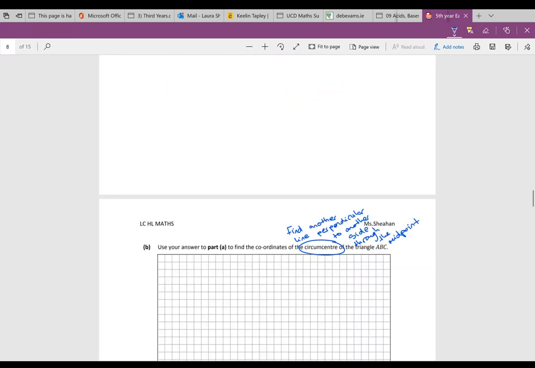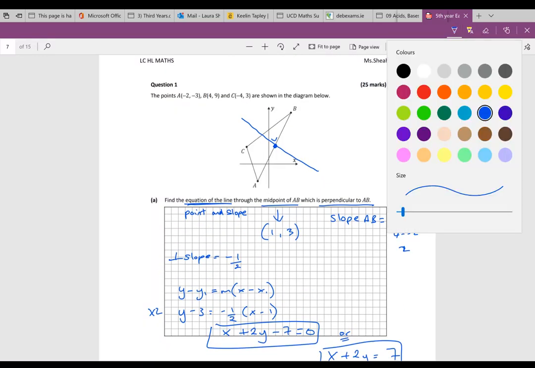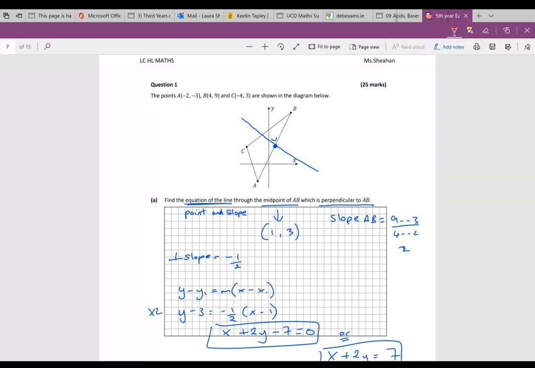The next one was looking for the circumcenter. So basically, if I go back here, the circumcenter is taking any other line. So I can take CA or I can take BC. So if I take AC, I'm getting the perpendicular. That's not the midpoint. I'm getting the perpendicular midpoint for that.